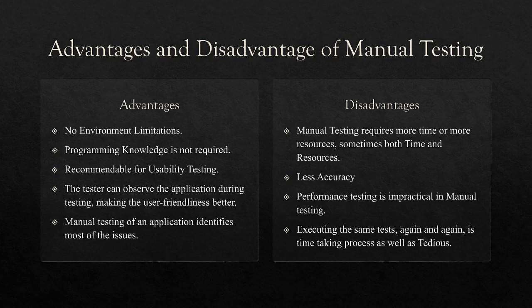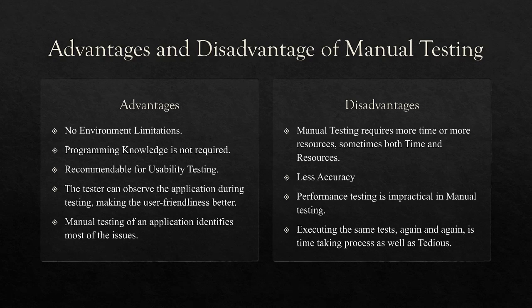It is recommendable for usability testing, so you can test the software with your own sense. The tester can observe the application during testing, make sure of the user friendliness and betterness of the software, and manual testing of an application identifies most of the issues. These are some advantages of manual testing.